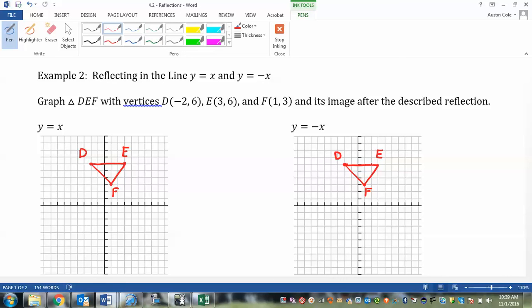Okay, so there's our pre-image. And on this first one, we're going to reflect over the line y equals x. So I'm going to go ahead and make that. The line y equals x looks like this.